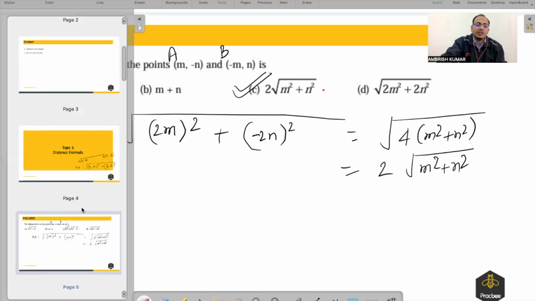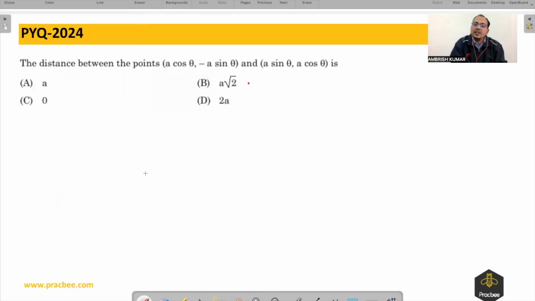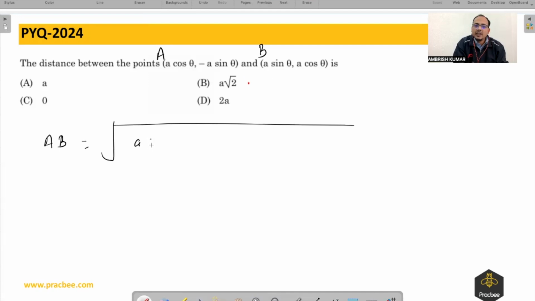Let's move to the next question. Again, this is point A and this is point B. The distance between these 2 points is going to be the square root of, now see, a cos theta minus a sin theta, so (a cos theta minus a sin theta) whole square, and then negative a sin theta minus a cos theta.